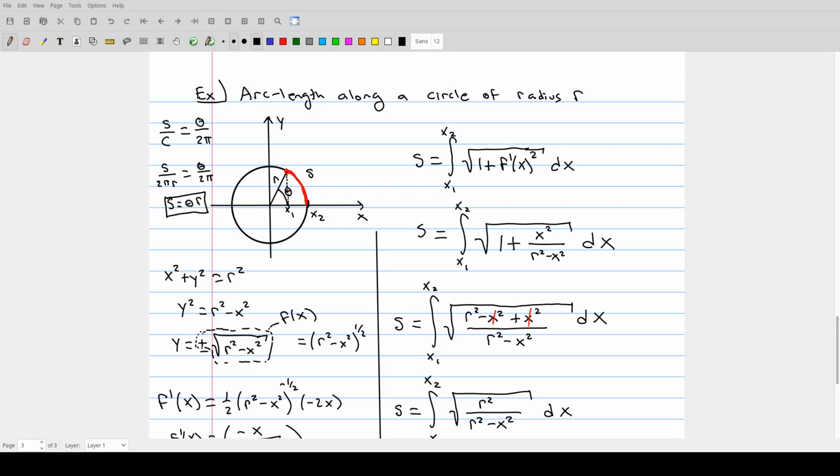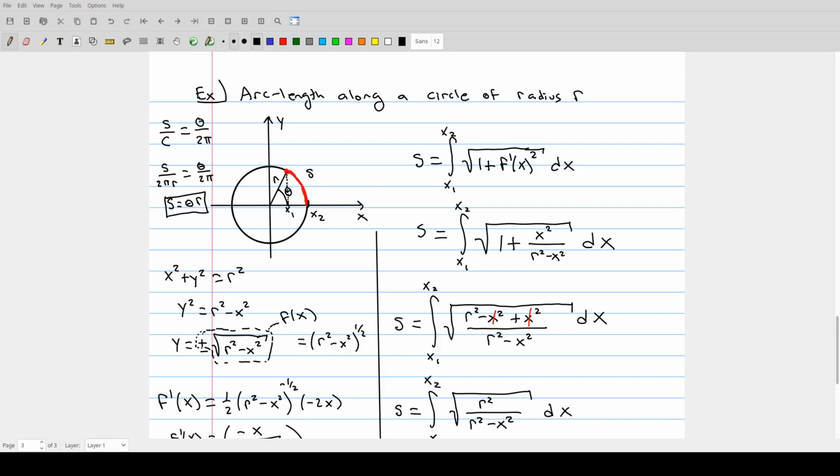So this is a much simpler argument using just straight geometry. But it's important that you understand how to use the arc length formula that we derived, because this is the more exact mathematical proof of why the arc length of a circle is theta times r.